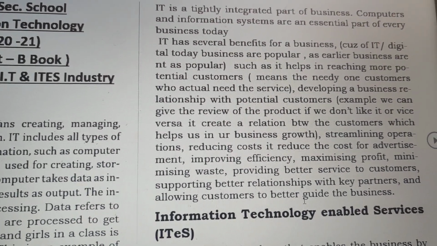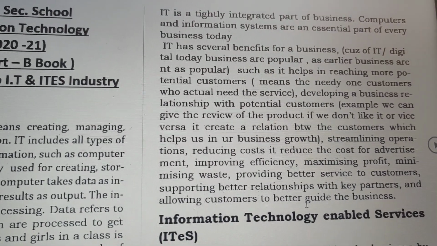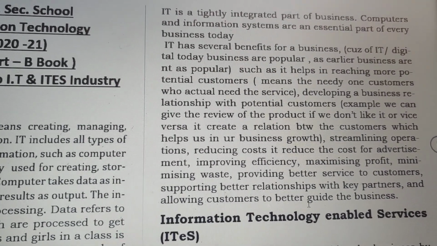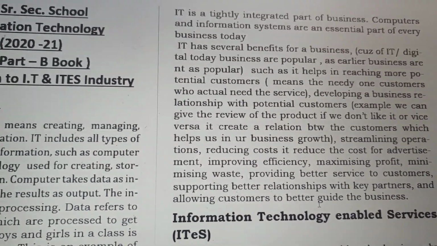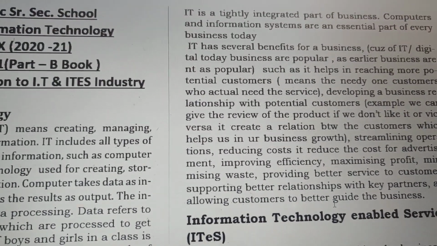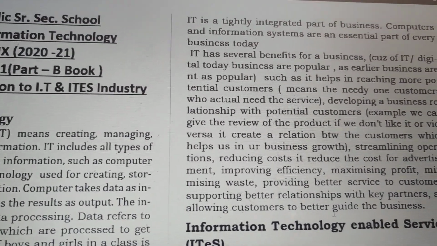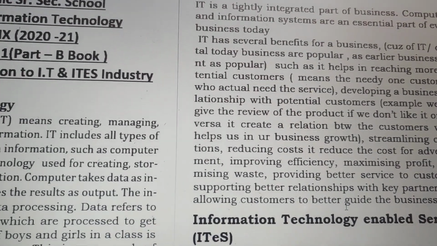The next point is streamlining operations. Next is reducing cost. Reducing cost means, in earlier days when we didn't have computers or that technology, we had to pay a big amount for advertisement.